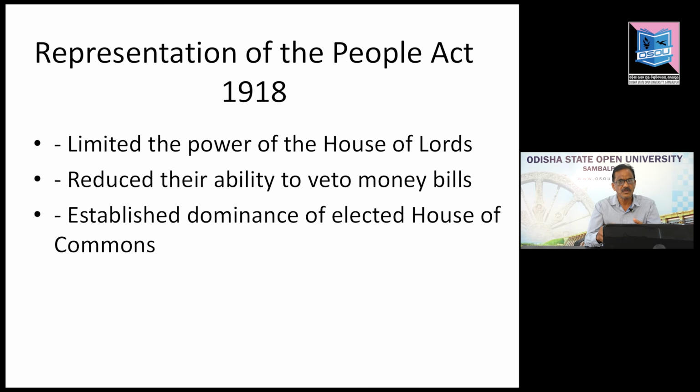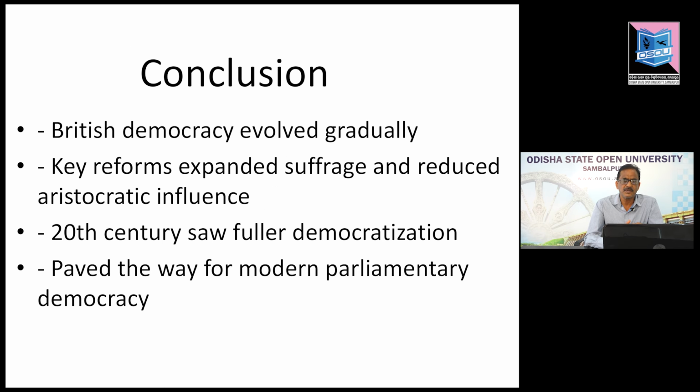We can conclude now. It is a very vast story about the evolution of parliamentary democracy in England. However, briefly, we can conclude with three or four important aspects. First, that British parliamentary democracy evolved gradually. It was not a day's work.